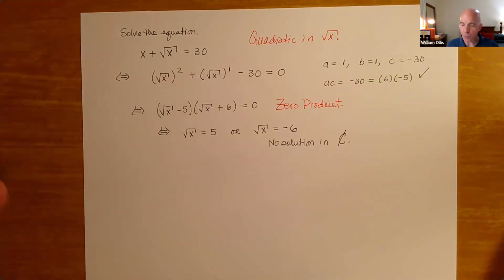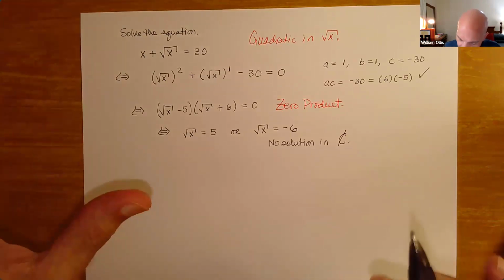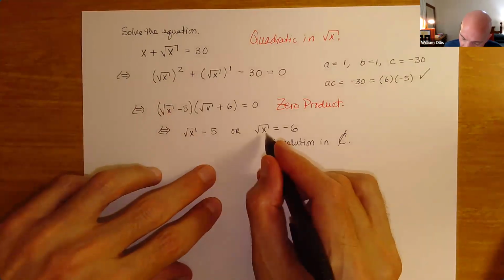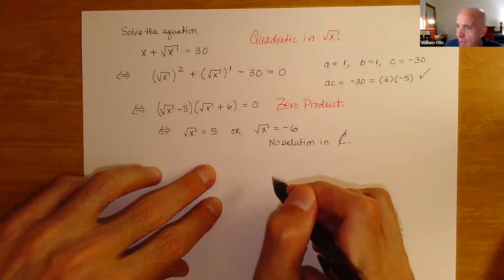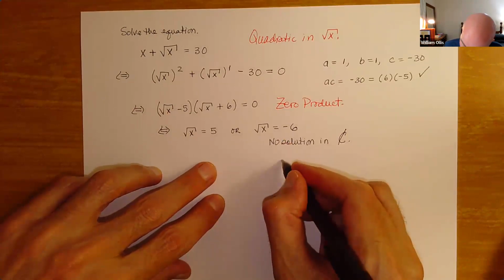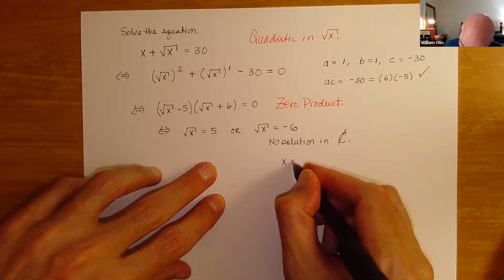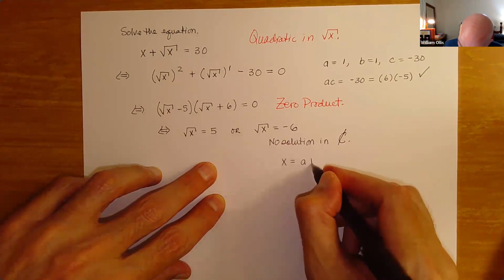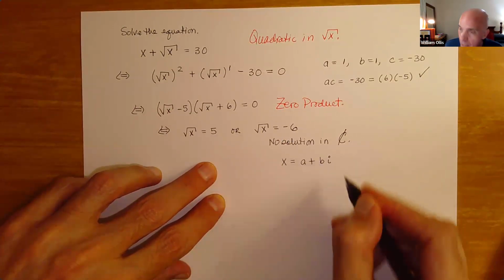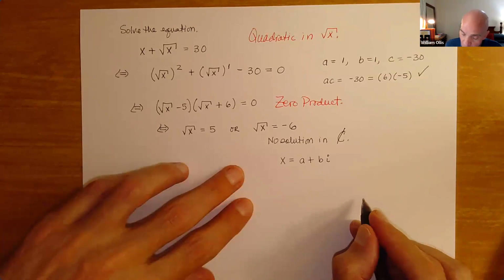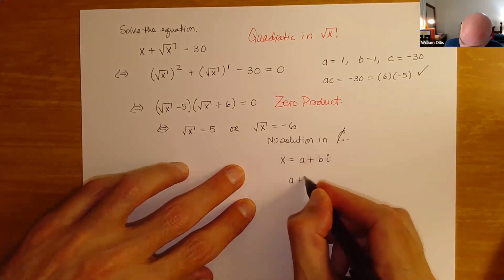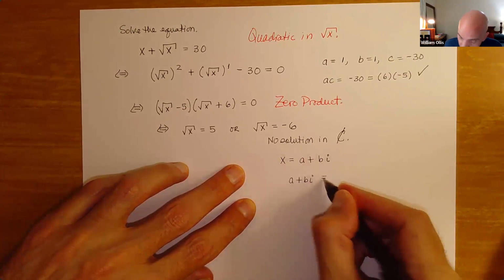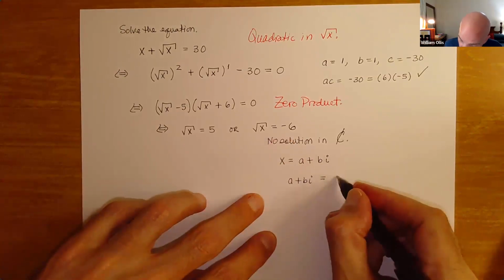I thought that was interesting. Let's just think of it this way: if we said that x was equal to some complex number, for instance, x equals A plus BI, where A and B are real. If we square both sides, this gives us A plus BI equals, and of course, the square of -6 is 36.